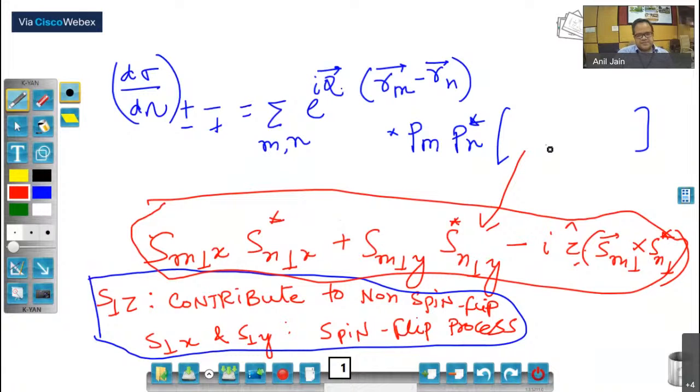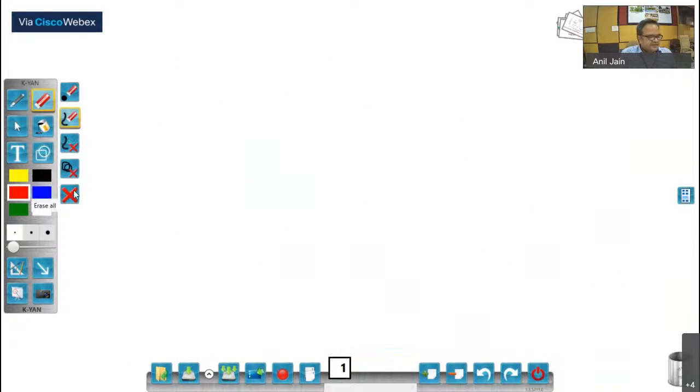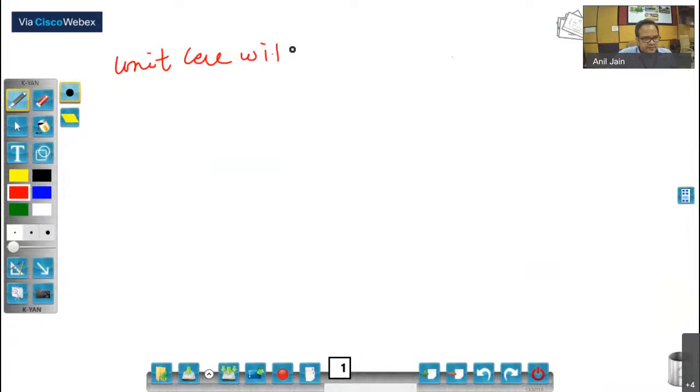Now let's consider a special case, a unit cell with a single atom, which means I have only one type of atom.